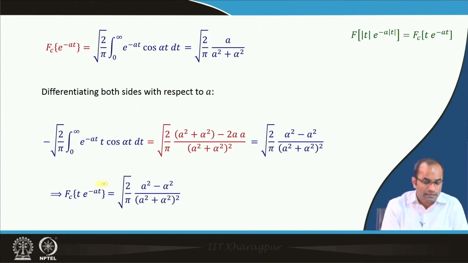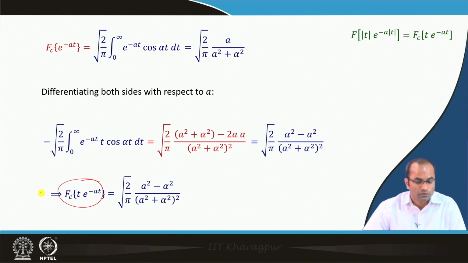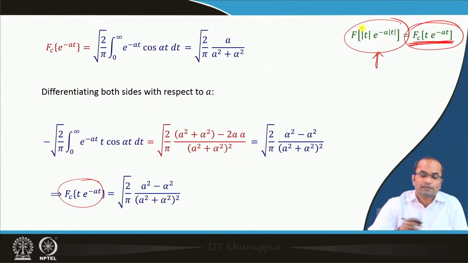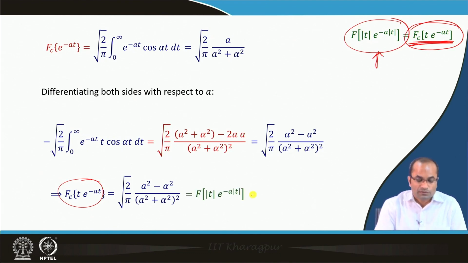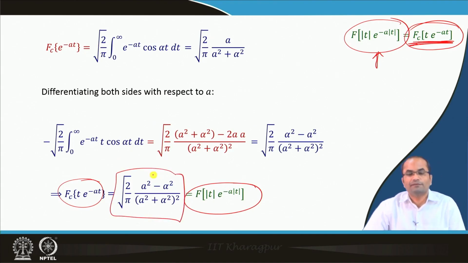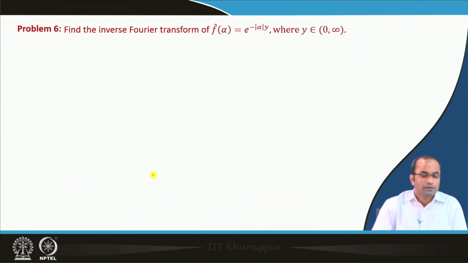So, this is exactly the Fourier cosine transform of t e power minus a t. And this is exactly the desired Fourier transform, which we want to evaluate, of absolute value t e power minus a absolute value t. So, this is the desired Fourier transform we have evaluated with the help of this Fourier cosine transform.